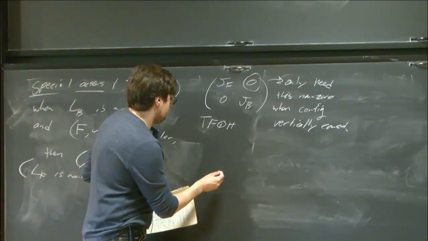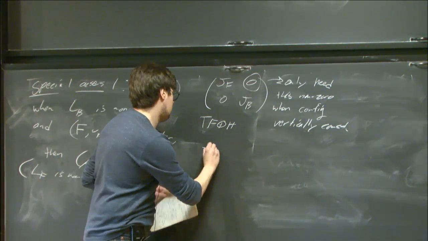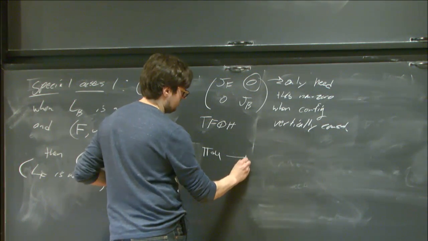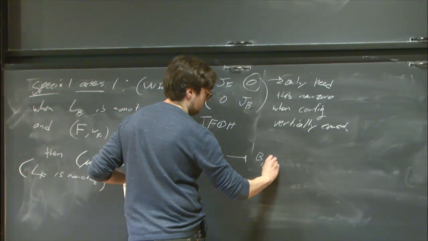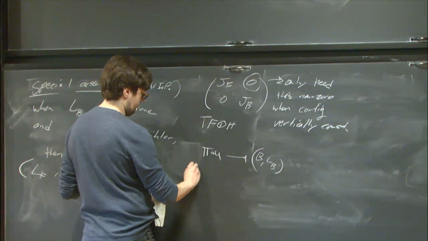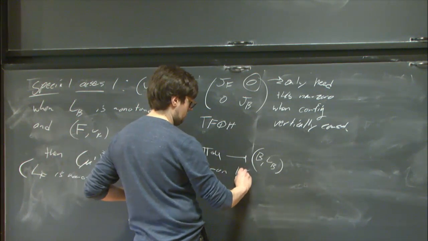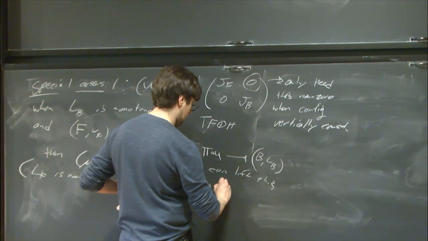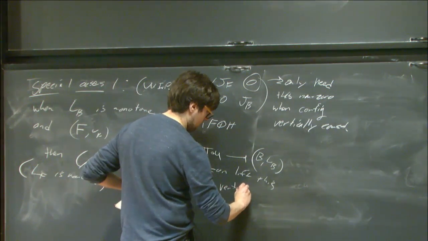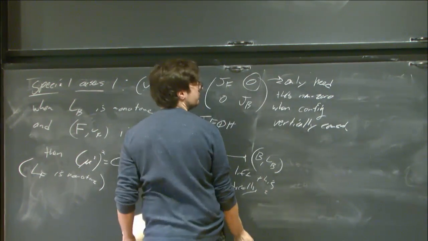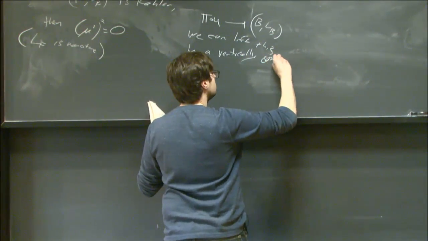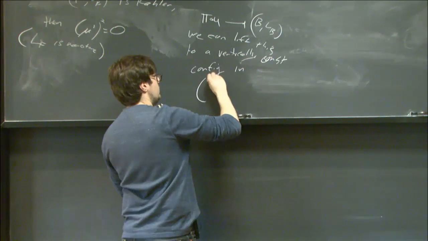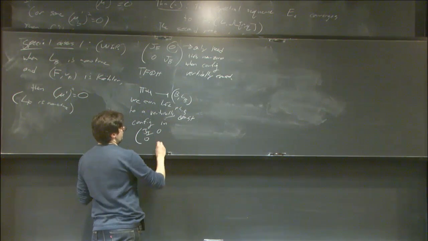But then in that case, there's this Oka principle that says if you have something in the base, so this is, let's say, this goes to B comma L_B, we can lift this to a vertically constant disk, say if the J is integrable.